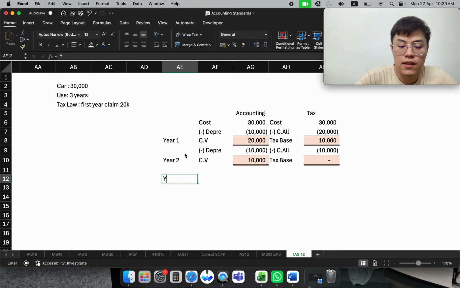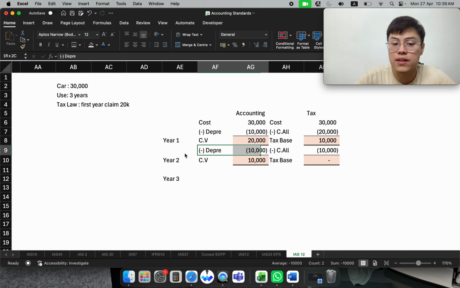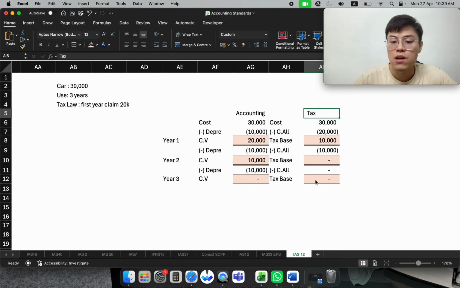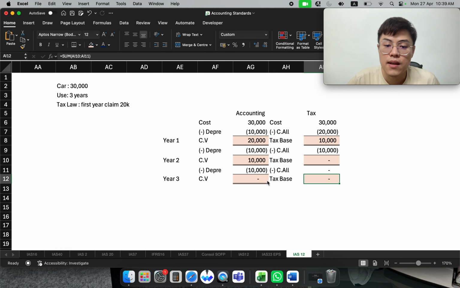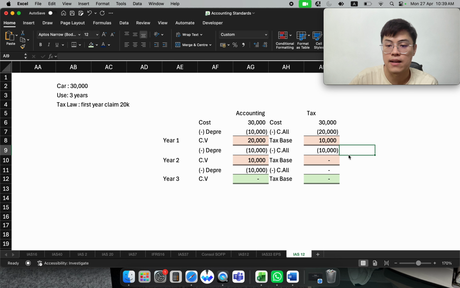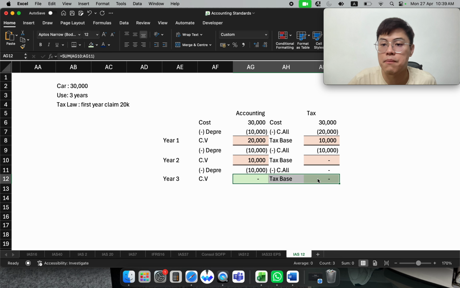Finally, in year 3, you do the same things, depreciate, but for tax there is already nothing to claim, your carrying value under accounting is nothing, and your tax also nothing. Can you see? This is the time whereby your variance is resolved under accounting and also tax. So you have a temporary difference for 2 years and finally it becomes the same. So this is called temporary difference.